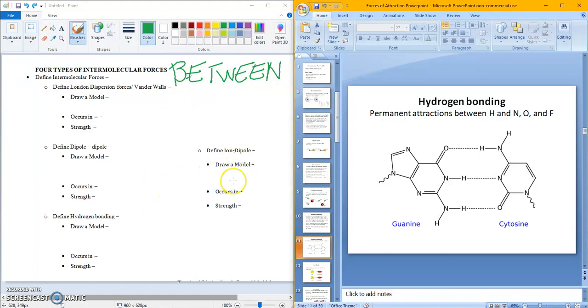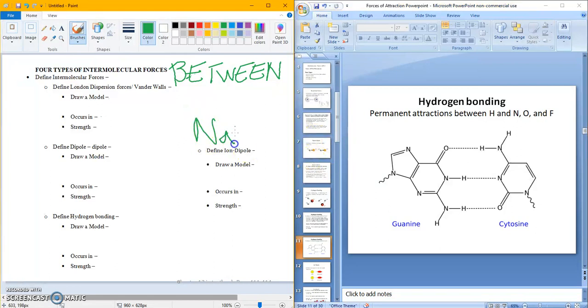Our last intermolecular force is ion dipole. Now, if you look at ion dipole, you know what an ion is, right? An ion is anything that has a charge, like sodium. Bam. It's got a charge, that's an ion. We know that dipole means polar, correct?